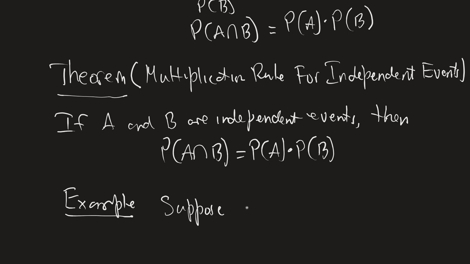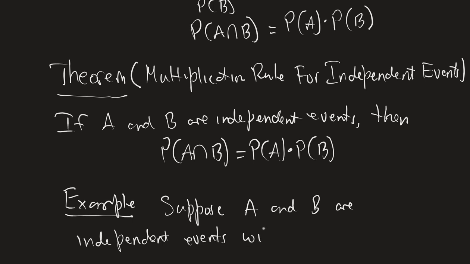So suppose A and B are independent events, with the probability of A being 1/5 and the probability of B being 1/3.